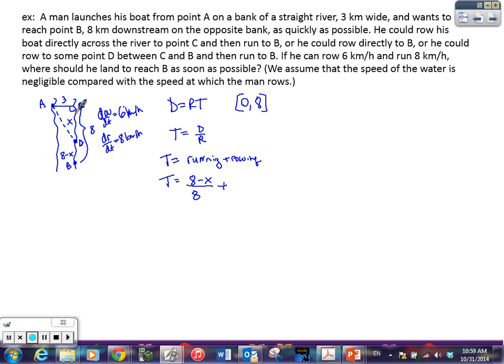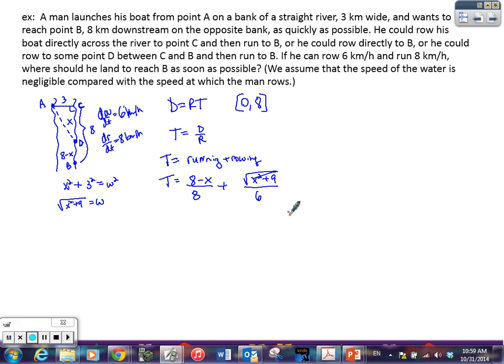So we get x squared plus 3 squared equals, we'll just call it rowing squared, which I used a w. So our rowing distance is the square root of x squared plus 9. That's the distance that he's rowing. So that goes here, square root of x squared plus 9, and the rowing rate was 6 kilometers per hour.